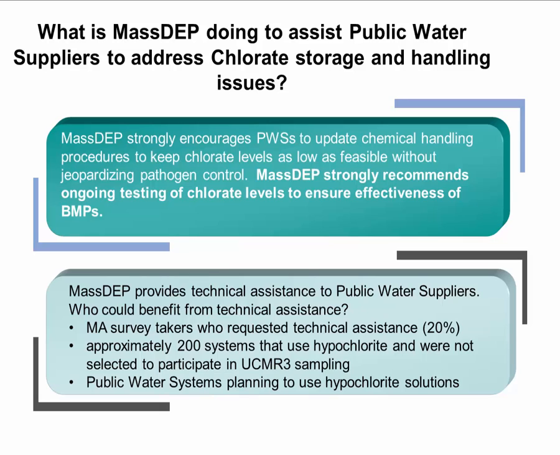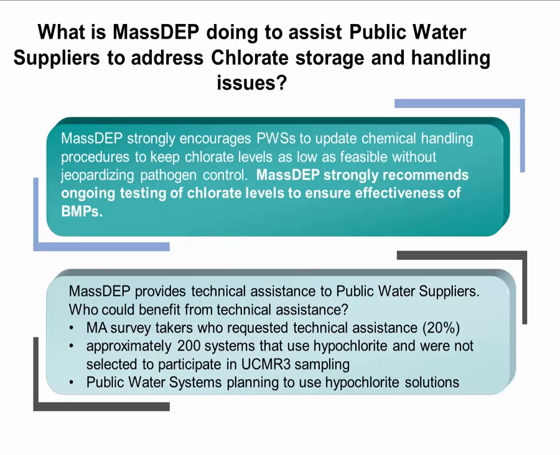For systems with chlorate levels above the health reference level, Mass DEP strongly recommends the implementation of best management practices and ongoing testing of chlorate levels to ensure the effectiveness of these practices.